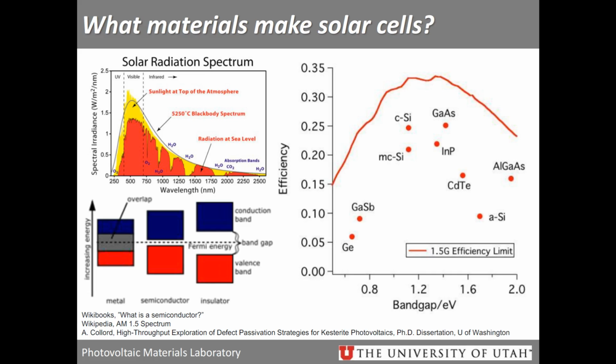If you come to this plot here, you will see that there's not a single material which gives you efficiency across this entire band. There are different materials with different band gap energies, which absorb at different regions of the entire solar spectrum.